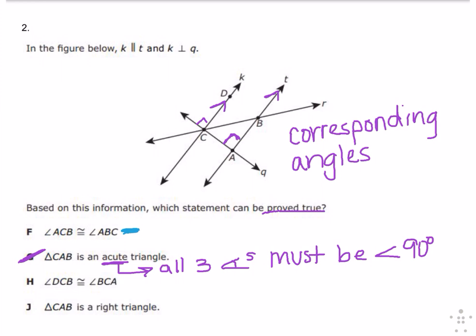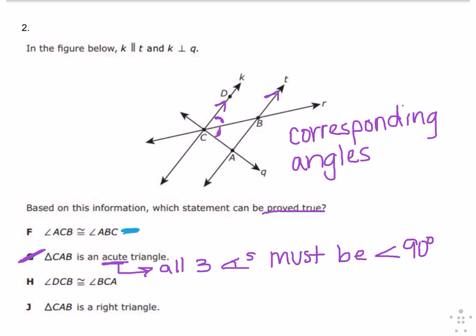H says angle DCB is congruent to BCA. Let me erase again just so that we can see a little bit better. So basically this angle right here is congruent to this angle right here.